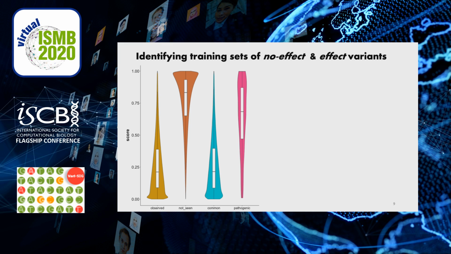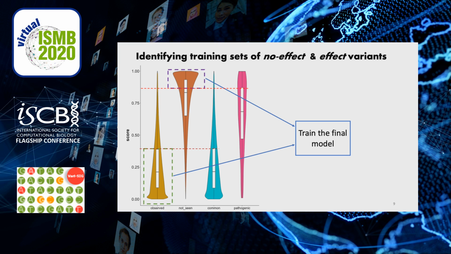So when we subset data for the no effect group, we want to keep it below 0.5 to be consistent with the model, and we also want to retain the majority of the common variants. We can do it this way. We subset the not seen group above the 75th percentile of the pathogenic, and then we subset the observed group below the 25th percentile of the common variants, and then we use these two subsets of data to train the final model.